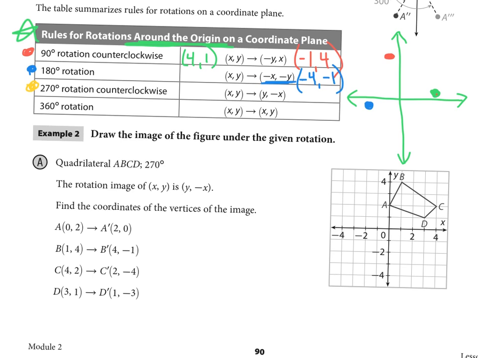A 270-degree rotation would be 3 quadrants, so it would be down here. And that would give me 1, negative 4. And of course, 360 is completely all the way around the circle. We would end up right back where we were. We'll do a couple of these in class. They're just a little bit easier for me to actually show you in class. So that's all that I'm going to do with rotations.